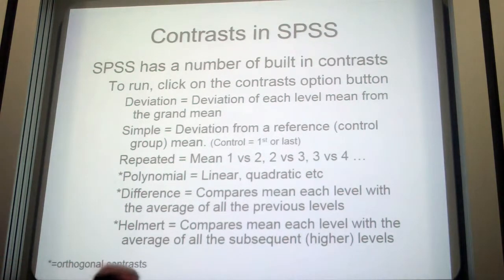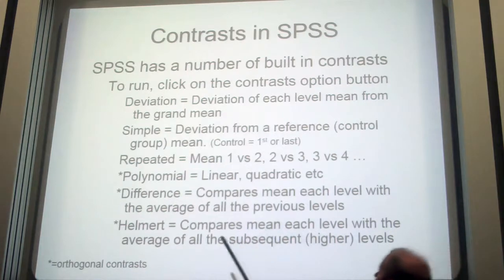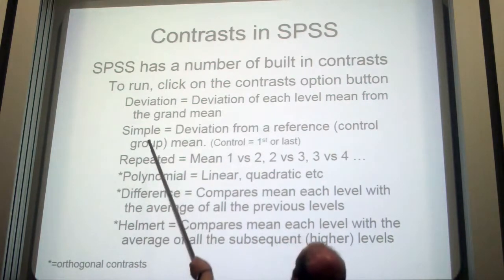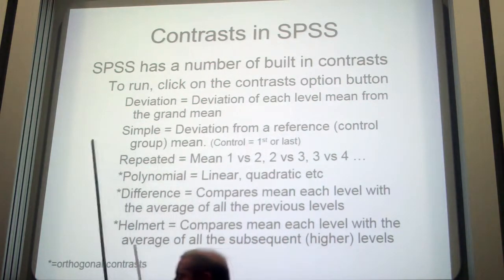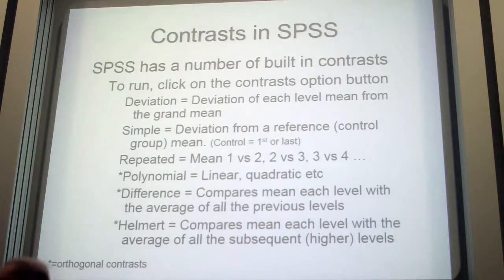Okay, SPSS does have a number of built-in contrasts, some of which are orthogonal and some of which are not. If you ask for deviation, it just tells you whether each level mean differs from the grand mean.